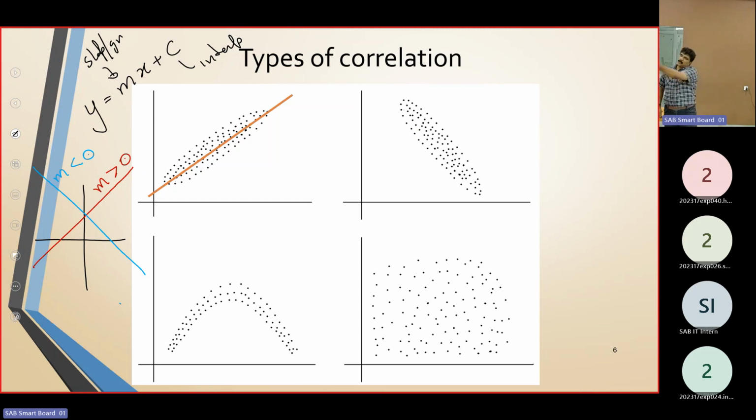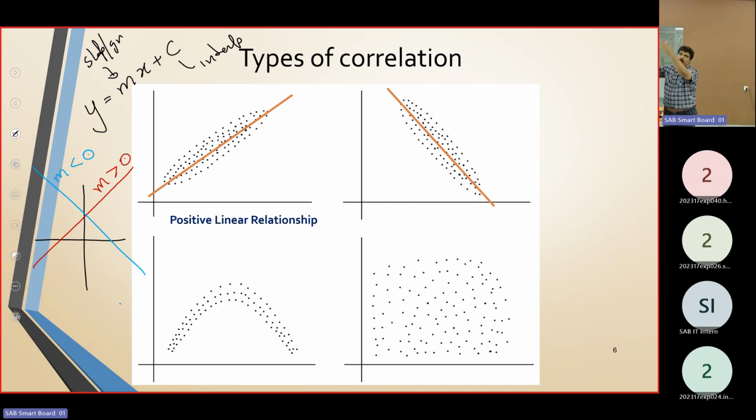So points are closer to a straight line. That straight line is slanted towards the right. See how we build. Points are closer to a straight line. Straight line is slanted towards the right. If you have a line slanted towards the right, it has a positive slope. So this structure shows a positive linear straight line, so linear relationship.